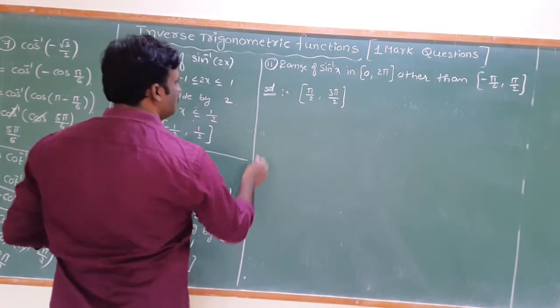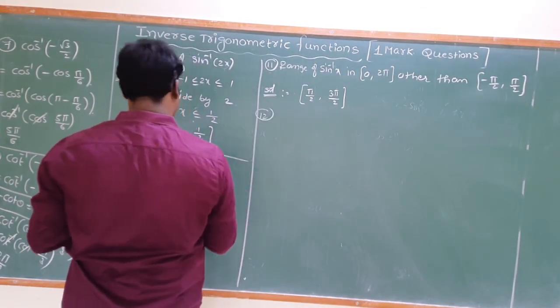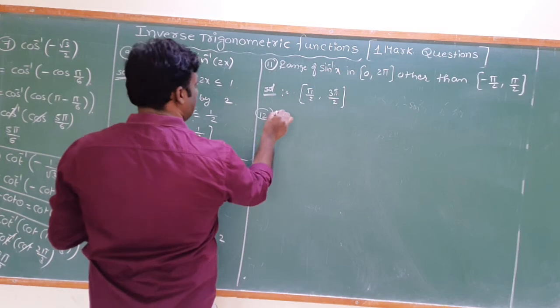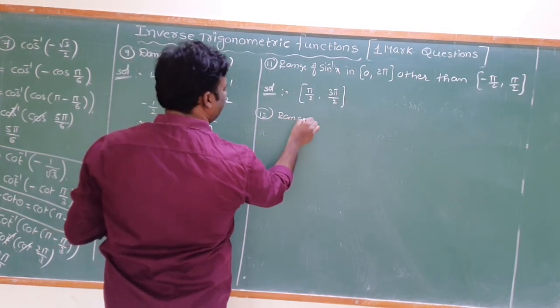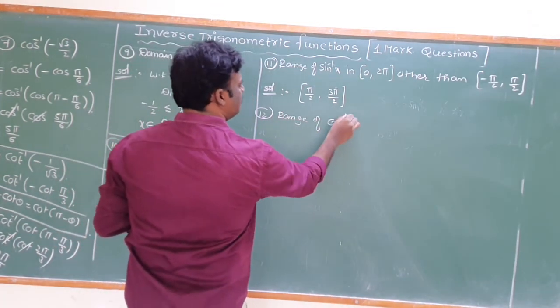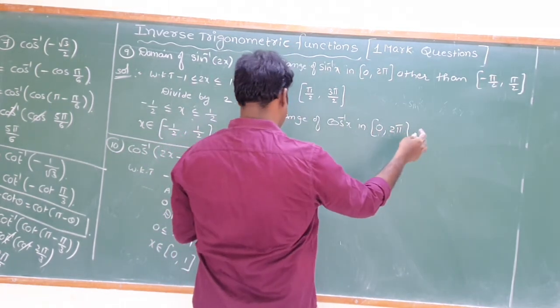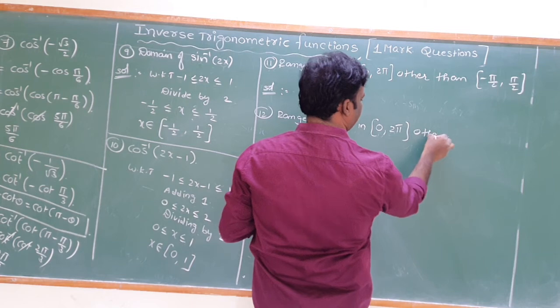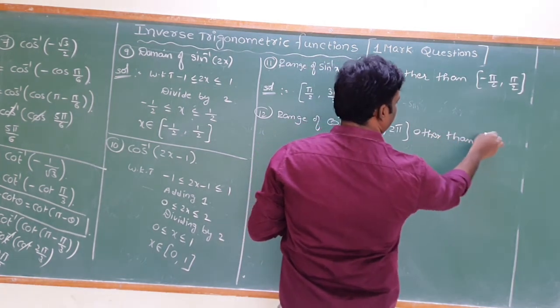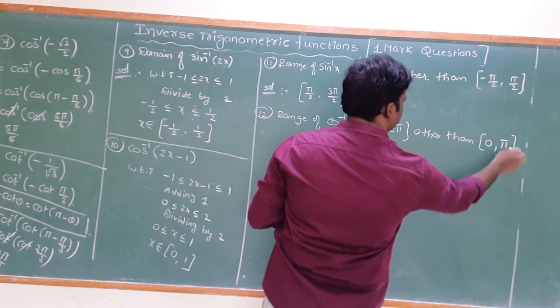Okay. Next, 12th question: range of cos inverse x in the interval 0 to 2 pi, other than the principal value branch.